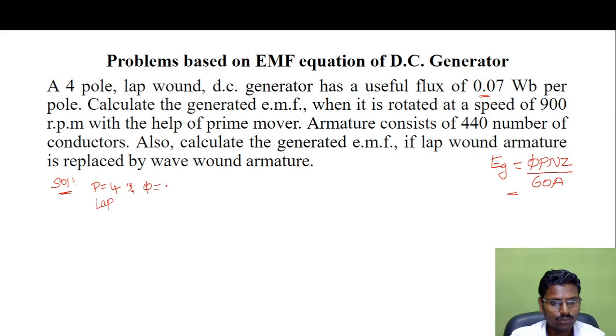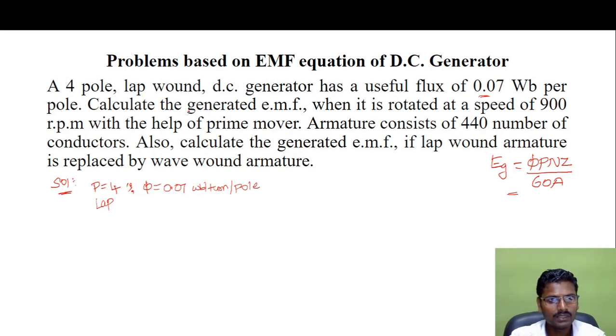Phi is equal to 0.07 Weber, which is the flux value per pole.